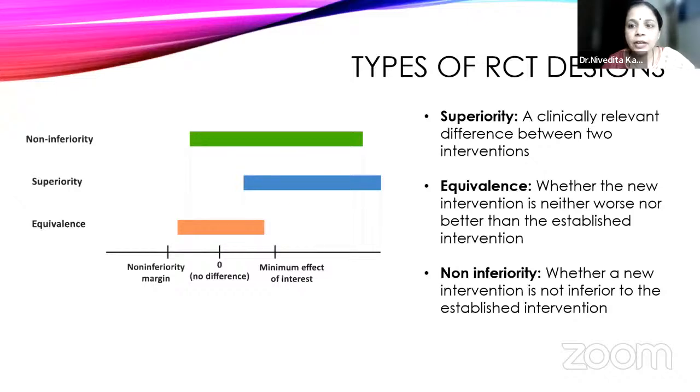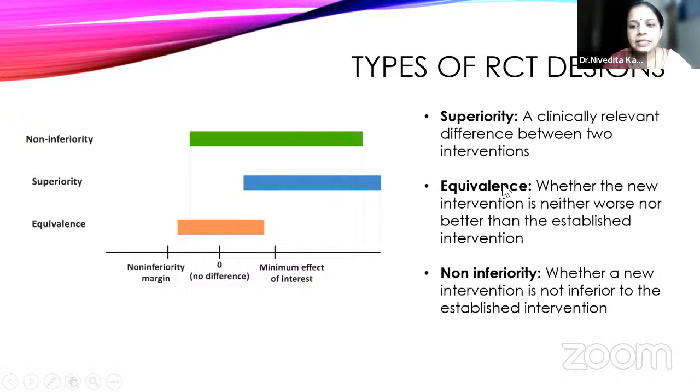But also, depending on your hypothesis, randomized controlled trials can be of 3 different types. A superiority trial, where a new drug or an intervention or a procedure is compared to a placebo or an existing therapy, with the hypothesis that it is better than the previous or the known therapy.